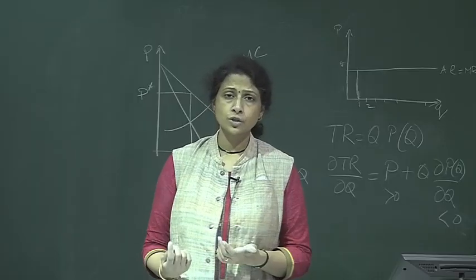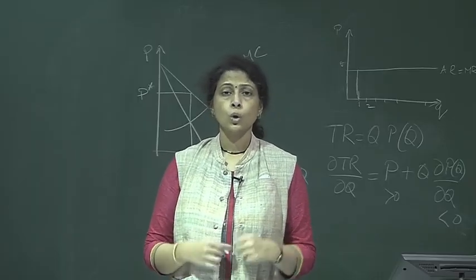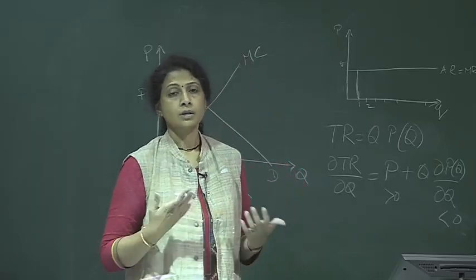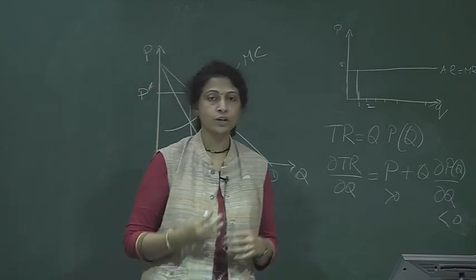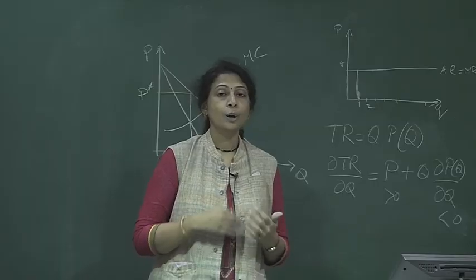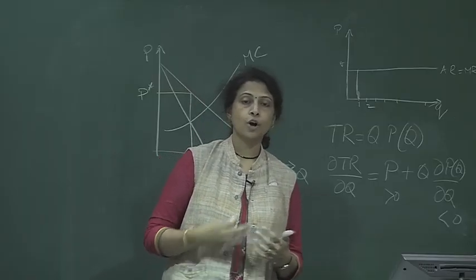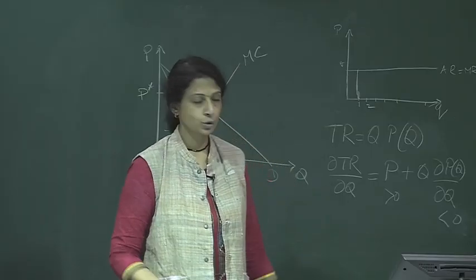But is it always going to give him profit? No, it does not give us any guarantee that the monopolist is always going to get a profit, because profit will depend on the average cost of producing this output for the monopolist.